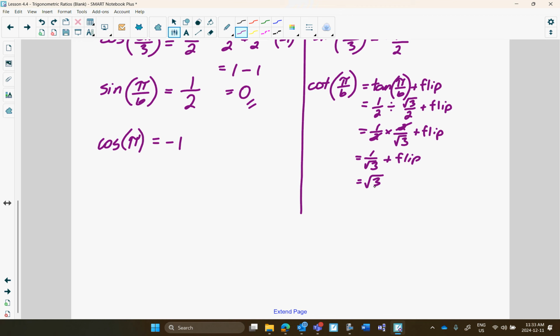And then the last one. Cos 5 pi over 4. Negative root 2 over 2 using the unit circle.